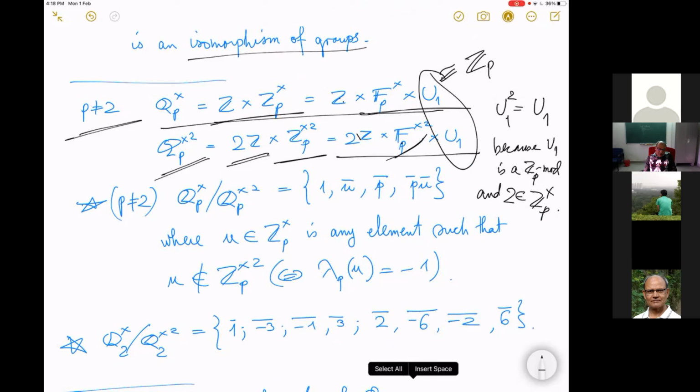So if you have a ring A and an A module M, and if you have an element little a in A which is invertible, then multiplication by a, let's call it a sub M, that takes x in M to a times x, is an automorphism of the group. It's a bijection, right?